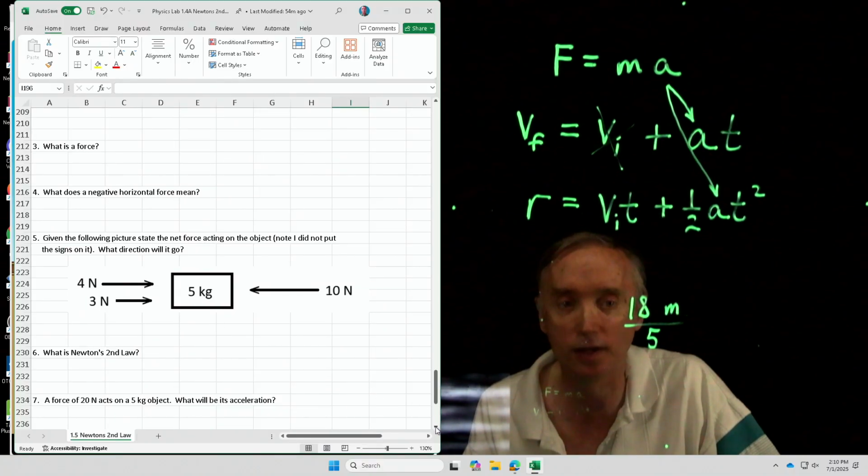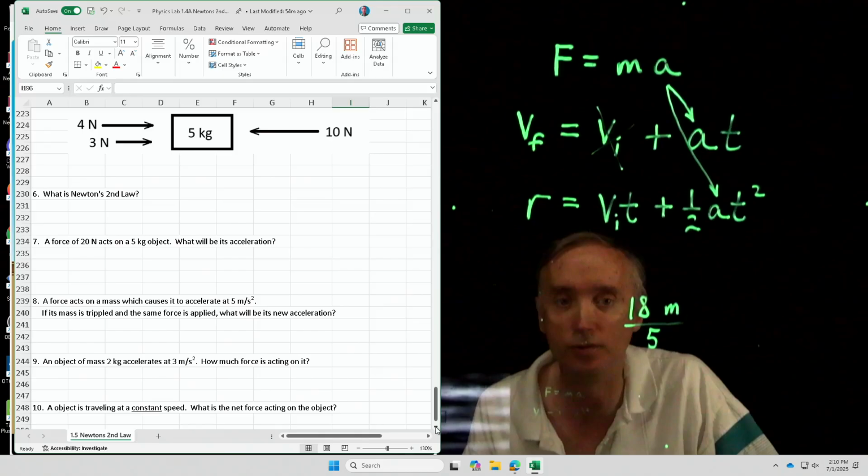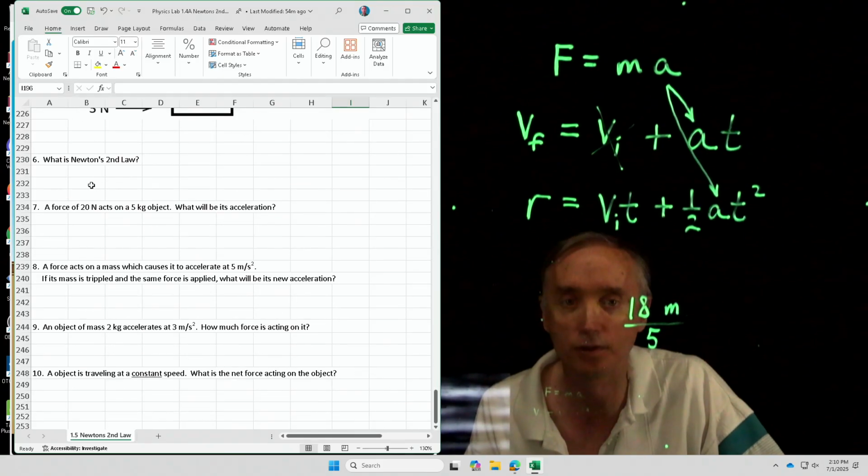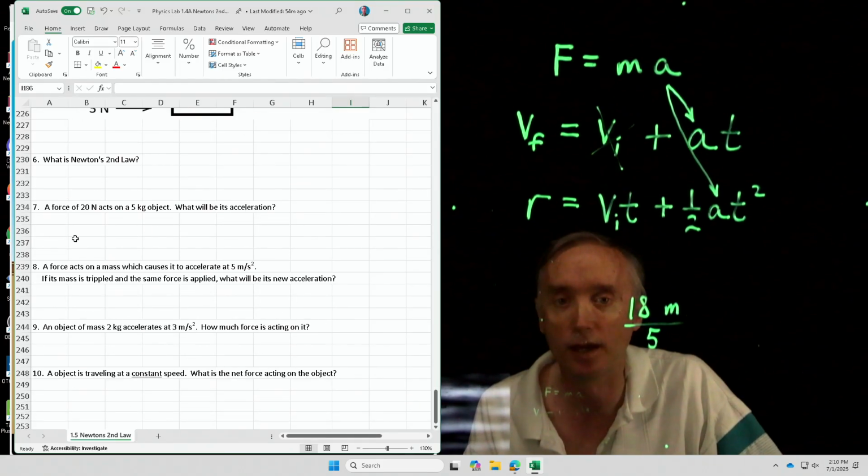Okay, question number 6. What is Newton's second law of motion? So go ahead and put that there. Okay, now question 7. A 20 Newton force is acting on a 5 kilogram object. What is its acceleration? So solve the problem, put your answer here.